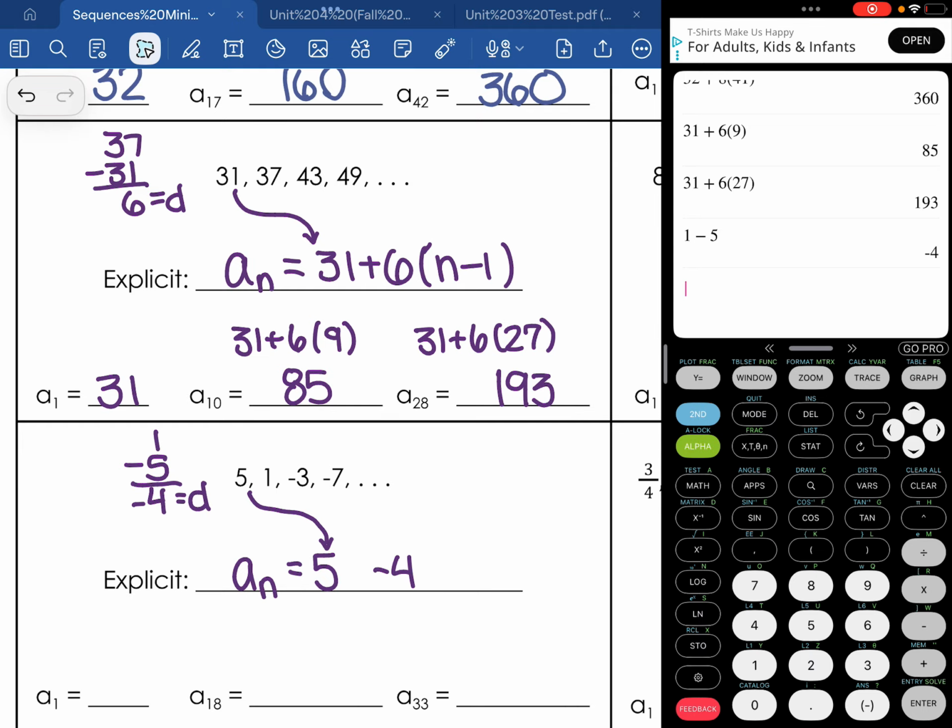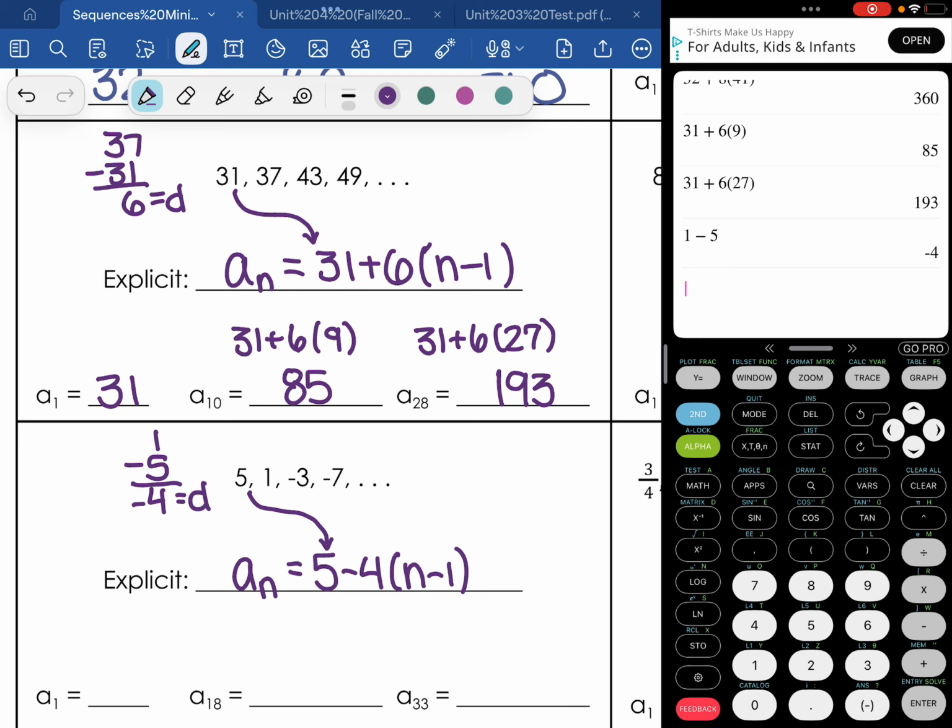Parentheses and minus 1. Oops, forgot to change back to my pen. And then my A1, my first term, was 5. But for A18, the 18th term, I would do 5 minus 4 times 17. For the 33rd term, I would do 5 minus 4 times 32.